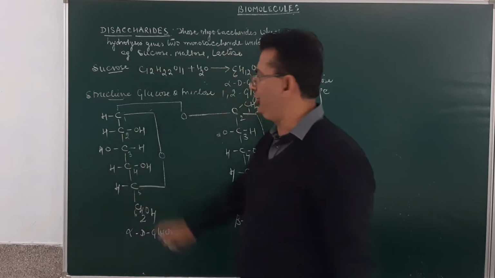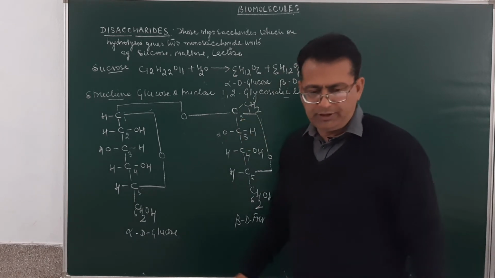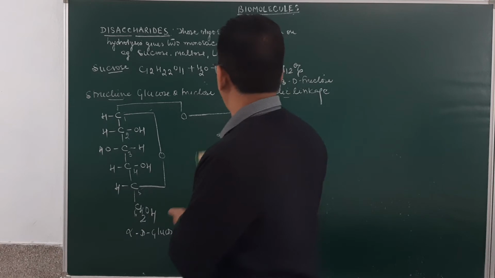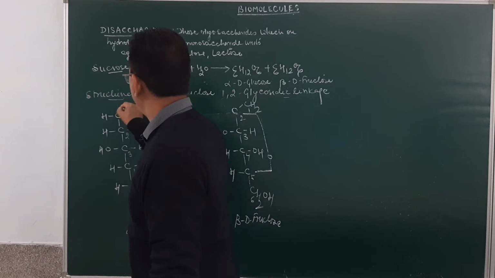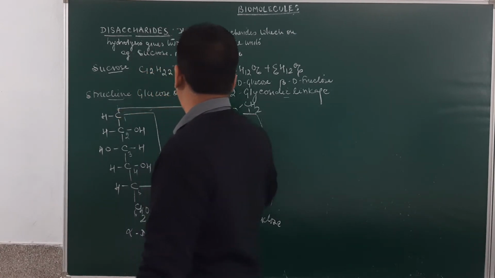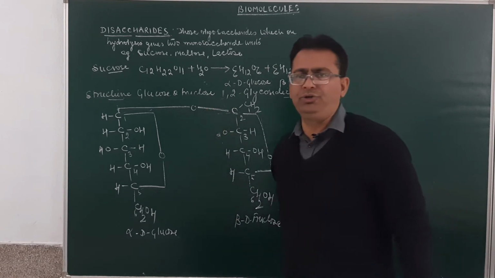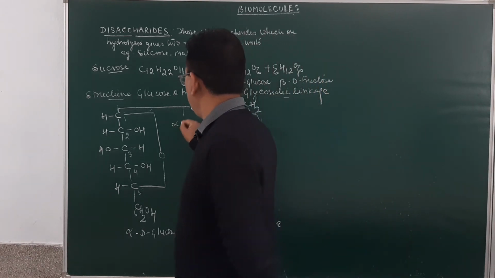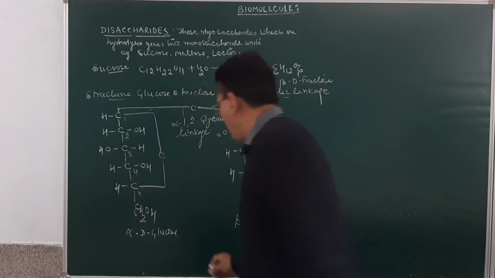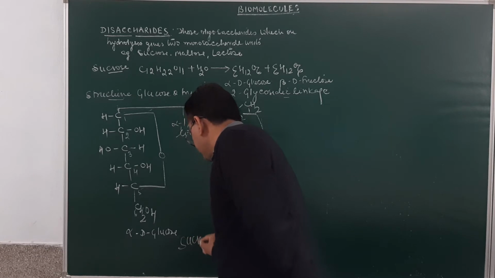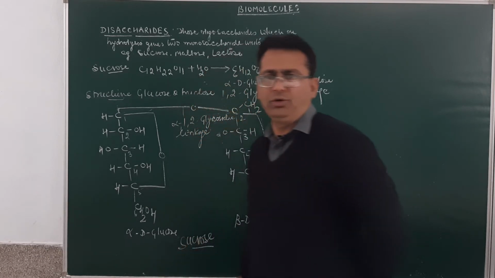The first carbon of glucose and the second carbon of fructose are joined to each other by an oxygen linkage, and this is an alpha 1,2 glycosidic linkage. And this is a molecule of sucrose.